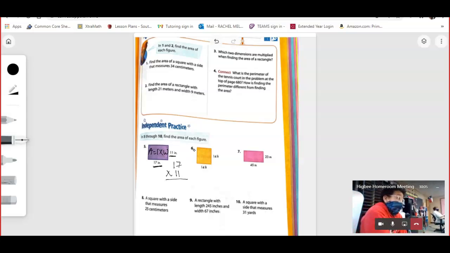I know that some of you are still doing the box method, some of you are still doing partial products, and I'm okay with that. But I am going to be modeling the traditional algorithm because that's where you should be at the end of 5th grade. If you're not using that method, that's fine, but you're going to practice it while we're all together.